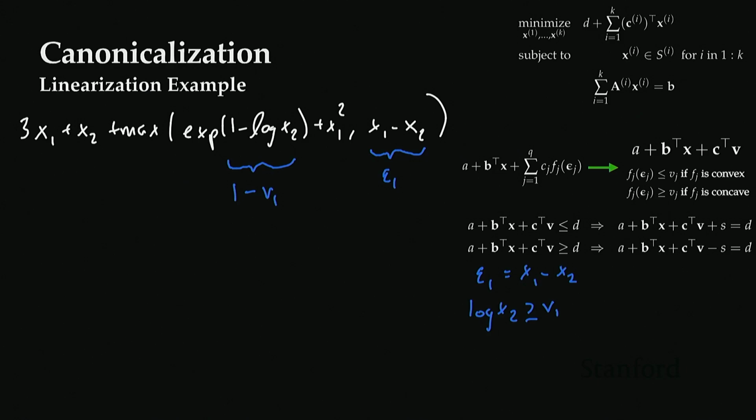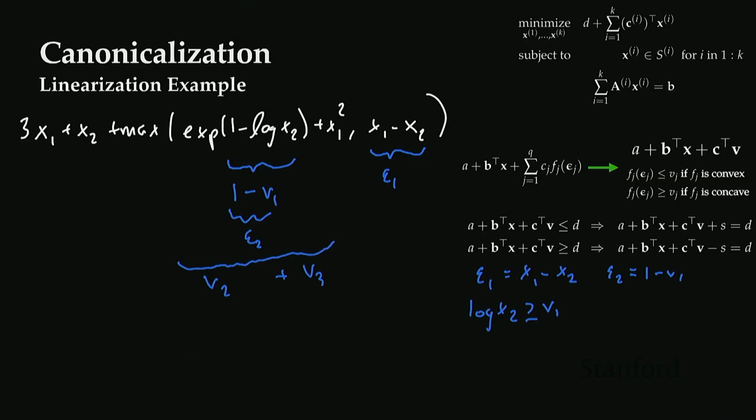I'm going to call this epsilon2. So I'm going to introduce epsilon2 equals 1 minus v1. So now we have max of epsilon2 plus x1 squared. Let's linearize this. Now we're going to call this v2 plus v3. So this is both of these together.